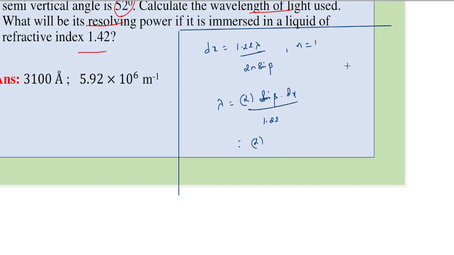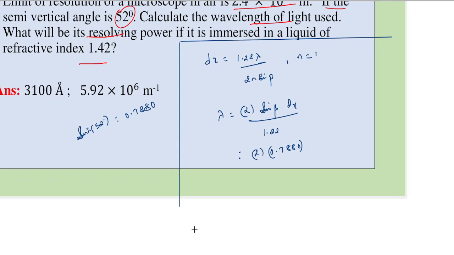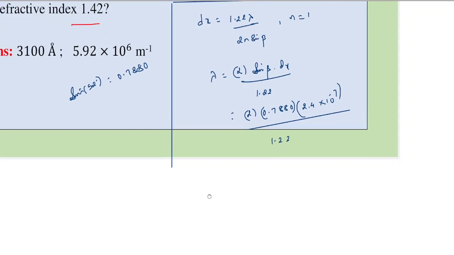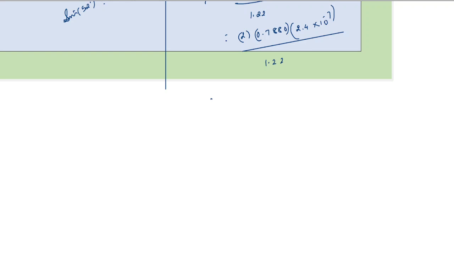and that is equal to 2 and sine of 52 degrees. Sine 52 degrees is equal to 0.7880, so it will be 2 into 0.7880 into dx, which is the limit of resolution, given as 2.4 into 10 power minus 7, divided by 1.22.